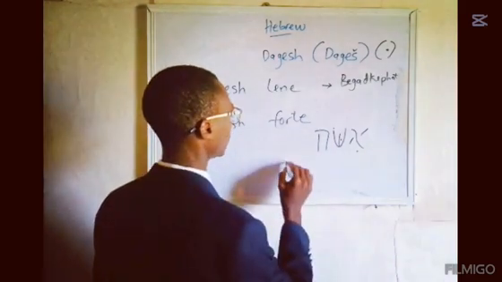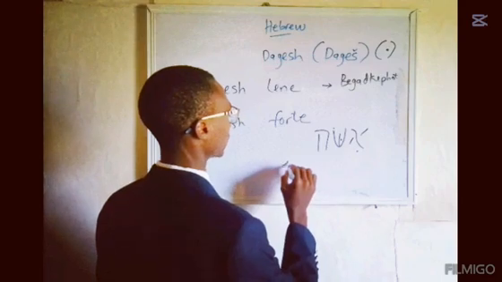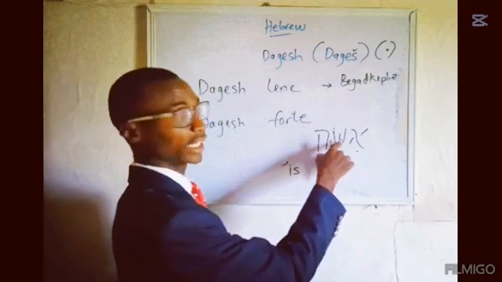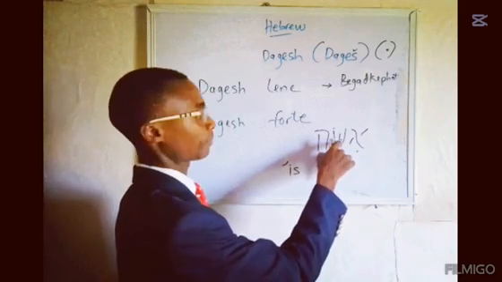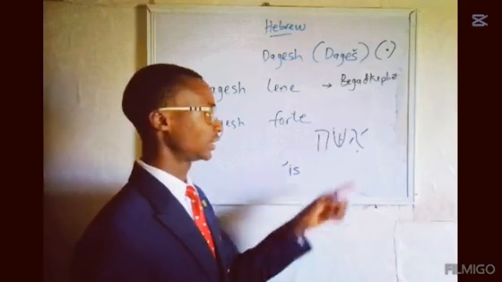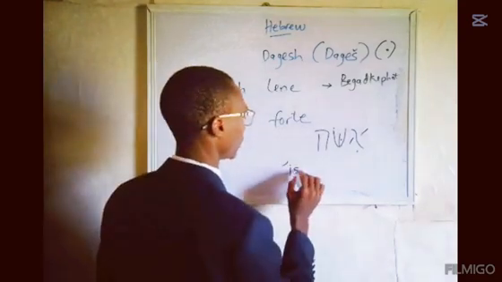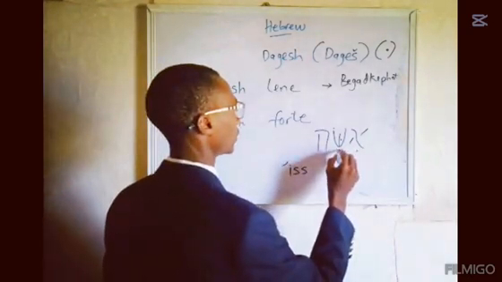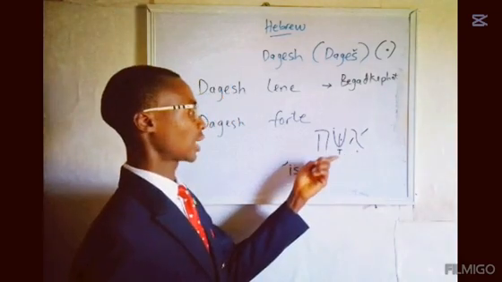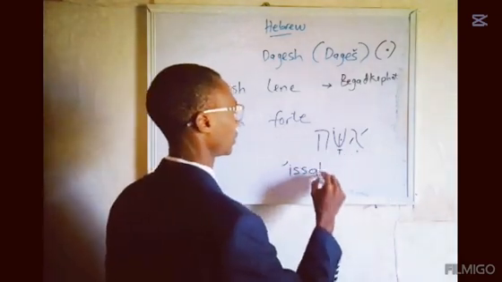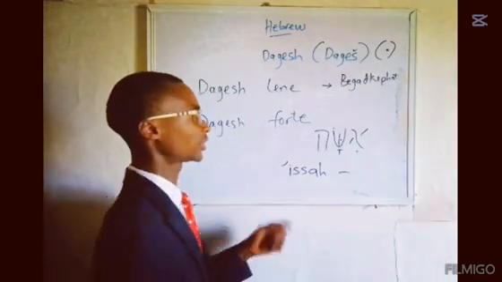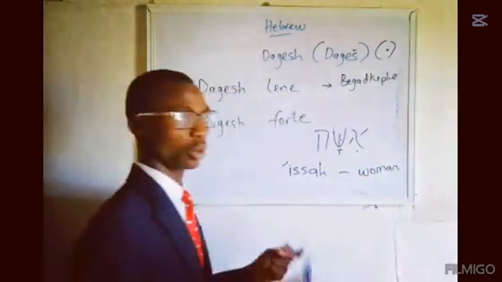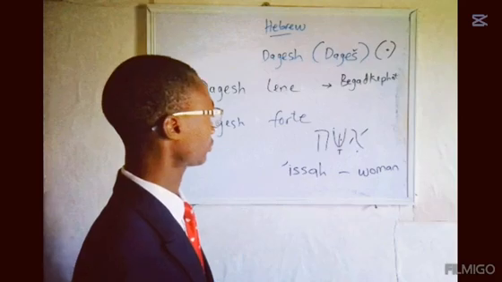Isha is translated this Aleph, this Hireq, this Shin. Now this Dagesh Forte here at the bottom, that doubles this letter, becomes double Shin. Then we have Qamets, and we have He. It means Isha. And now Isha means woman or wife.